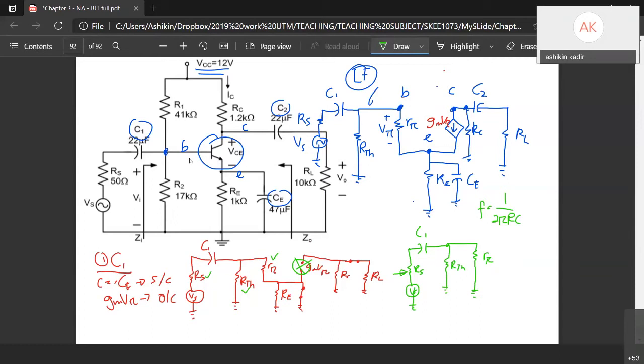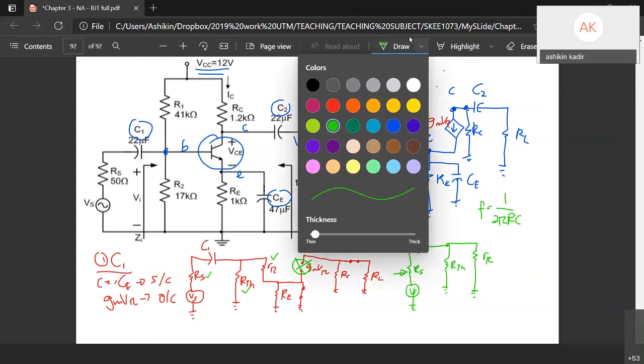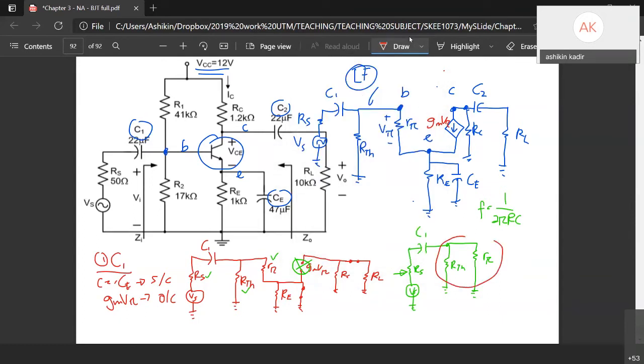We need to consider all these three resistors. These two resistors are parallel, RTH parallel with Rπ. Is a capacitor a short circuit for both medium frequency and low frequency analysis?